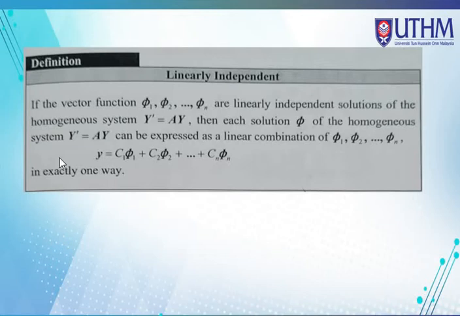The previous example showed that the eigenvectors are linearly independent. So we can write the homogeneous system in the form of a linear combination. So this is the formula. But what if the eigenvectors are not linearly independent? Usually for a problem with the same and repeated eigenvalue, meaning the same value of lambda, we will have not linearly independent eigenvectors.